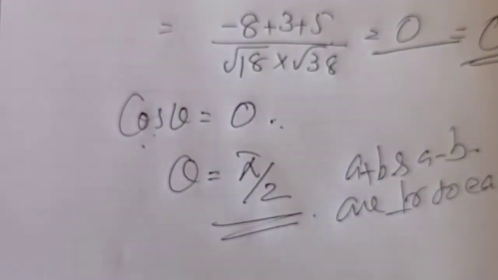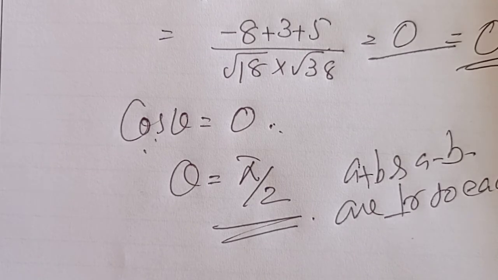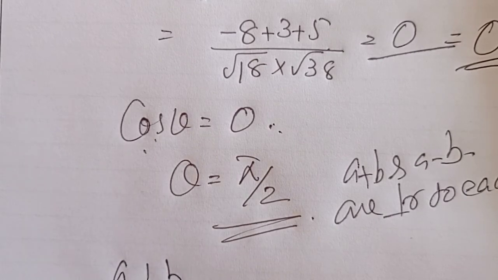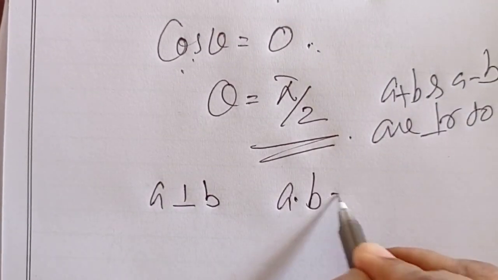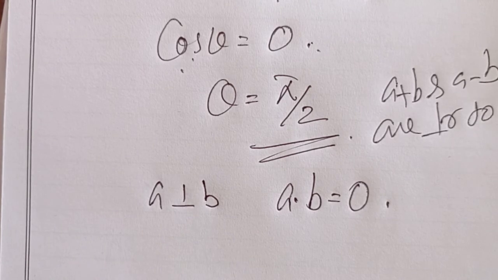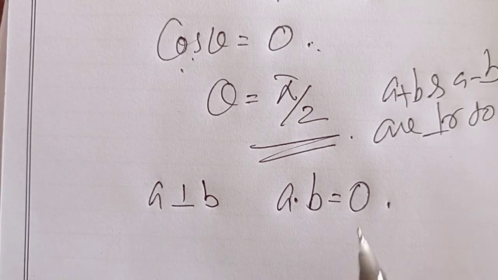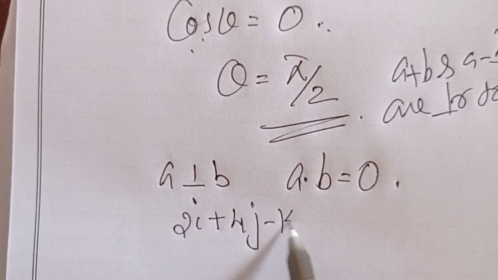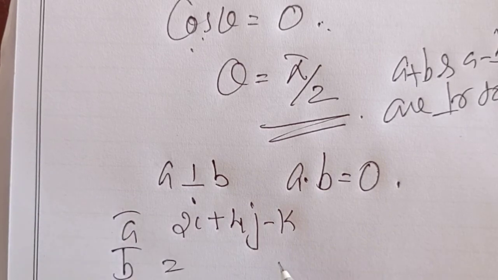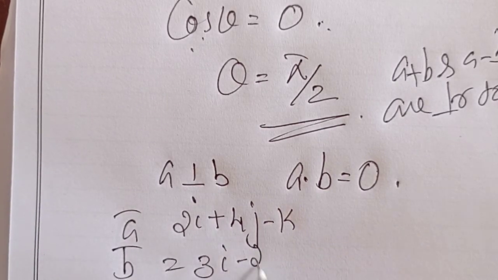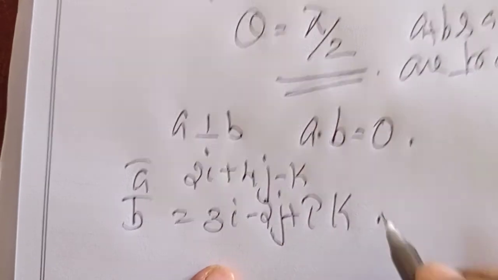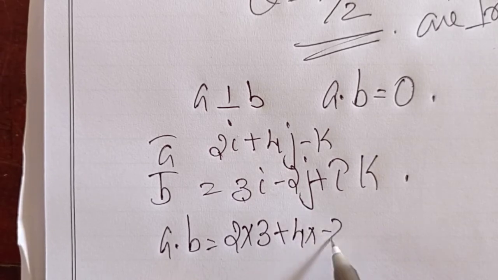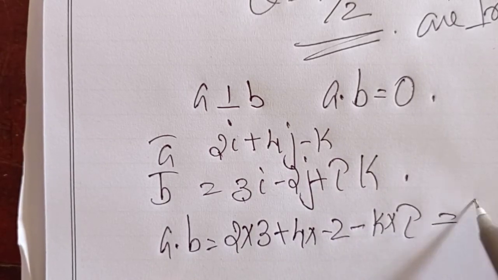Two vectors are perpendicular means, if A and B are perpendicular, A perpendicular to B means A dot B equal to 0. Here your A is 2i plus 4j minus k, and B is 3i minus 2j plus lambda k. Then how can you find A dot B? 2 into 3 plus 4 into minus 2 minus k into lambda equal to 0.